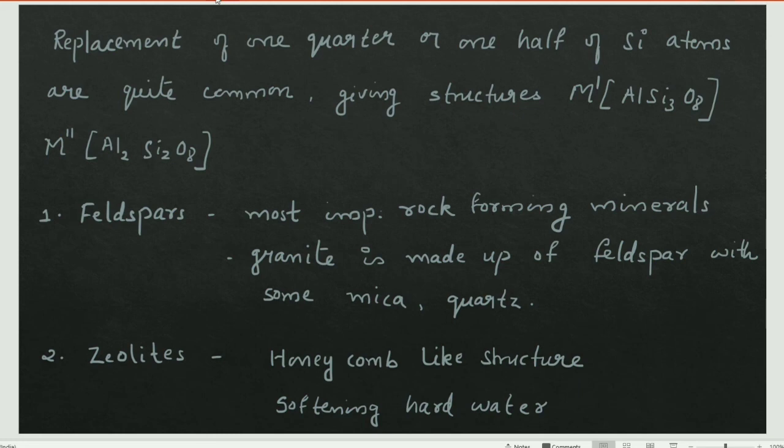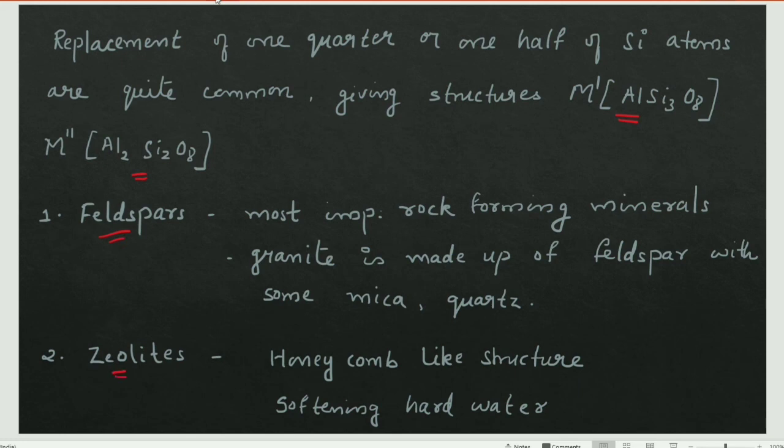Just remember these basic general formulas. Examples for 3D silicates are feldspar, zeolites and ultramarines.